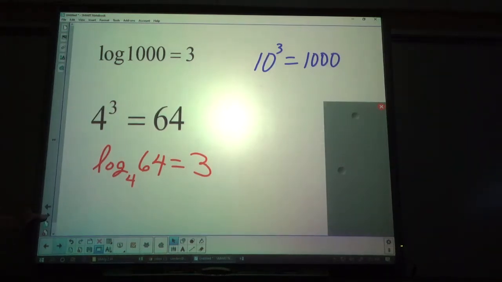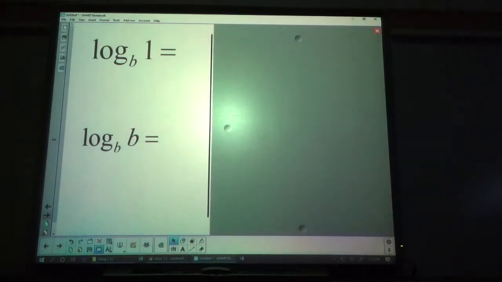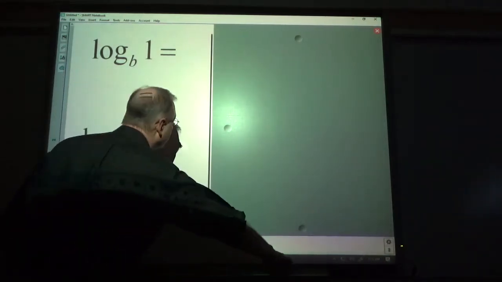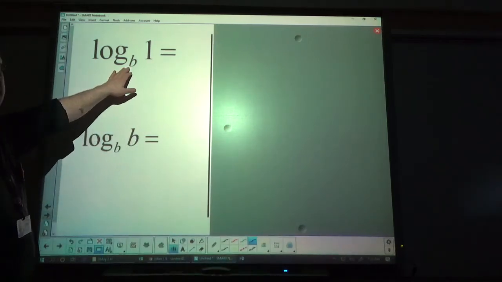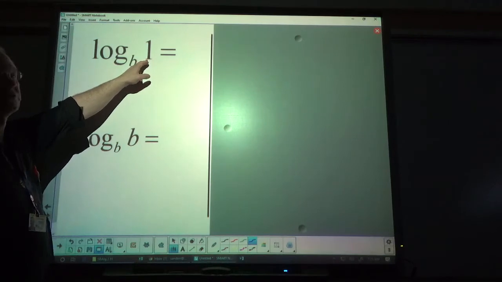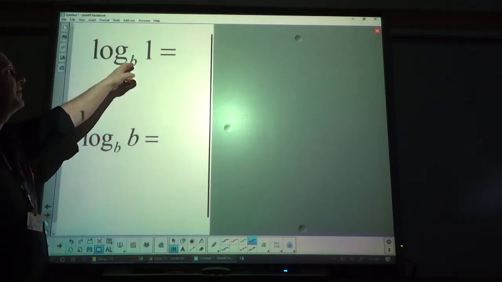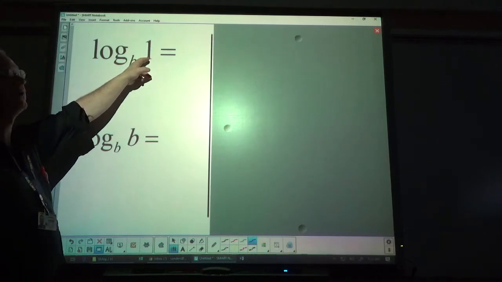I have never been good at thinking in terms of logs. I've always needed to think in terms of exponents. So let's take a look at a couple of basic information pieces. Any base other than 0 to the 0 power equals 1.